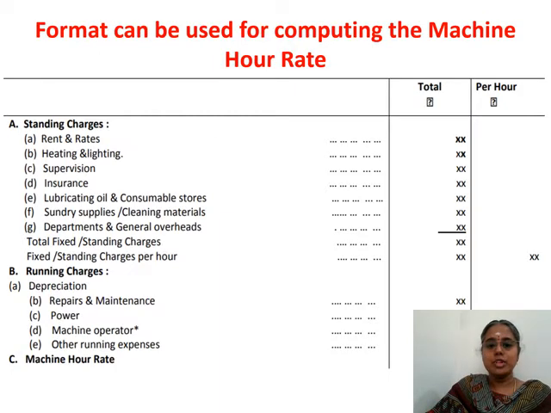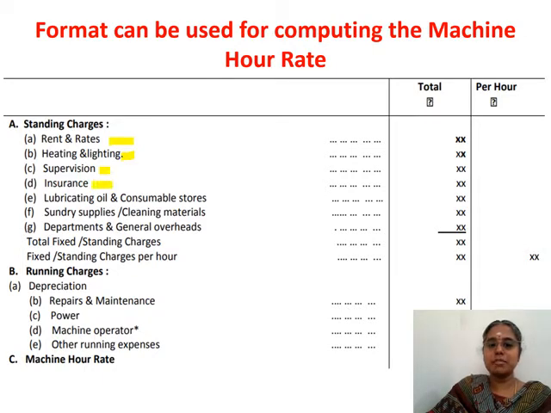This is the format usually used for calculating machine hour rate. Rent, we saw already. Heating and lighting: you may have some lighting in the ceiling, or heating of that environment if that requires, or ventilation or humidification, all those charges. A person who is supervising may supervise many other machines, so you can apportion that for this particular machine alone.